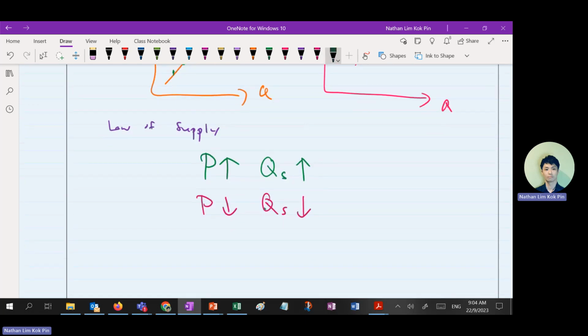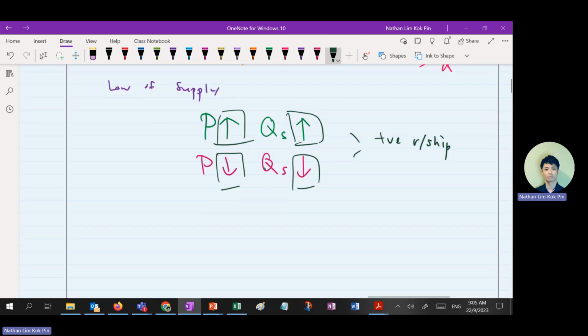Higher is better. Because of that, the direction between P and QS is the same. So they have a positive relationship between the price and quantity supplied for the supply curve.